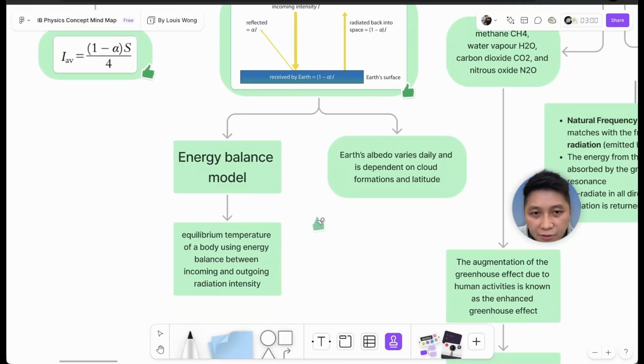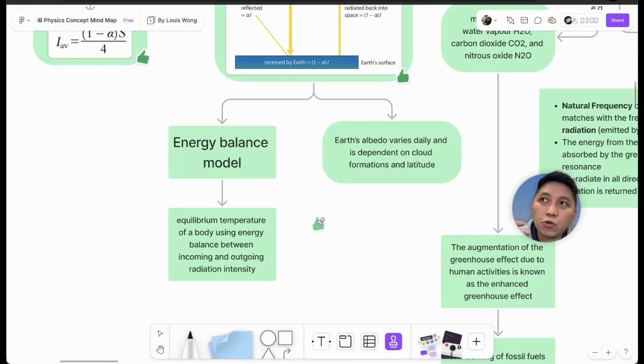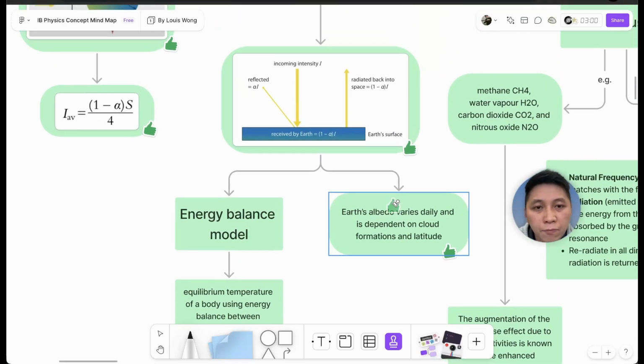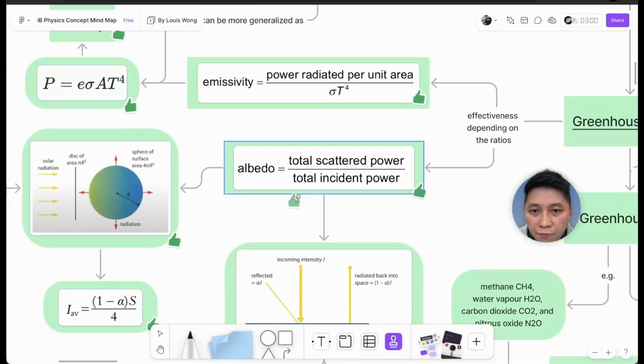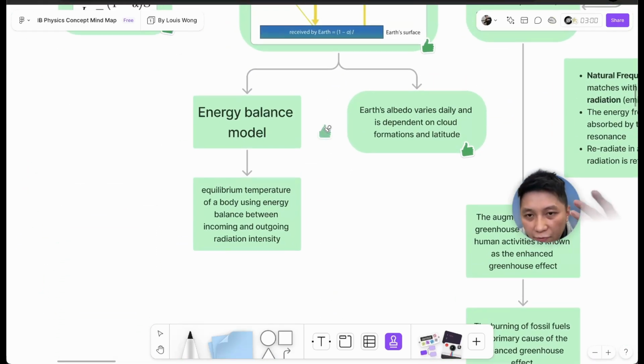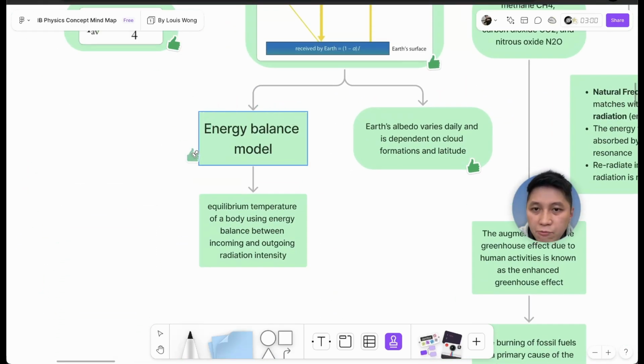It has to do with the greenhouse effect on a planet, including Earth, of course, and it will vary day to day due to, for example, the weather, the cloud formation, the latitude, and even on a longer time scale, whether or not there are trees, whether something becomes a desert, or whether it is covered by snow. Obviously, the color has a very important role in terms of the albedo itself, whether or not it's reflective. And then it will concern the energy balance model.